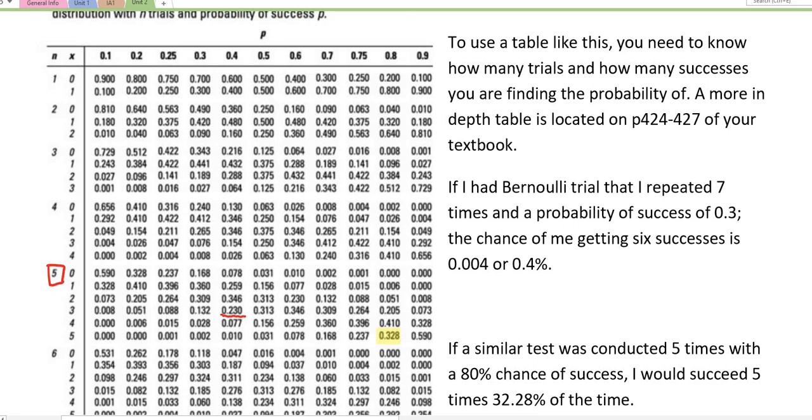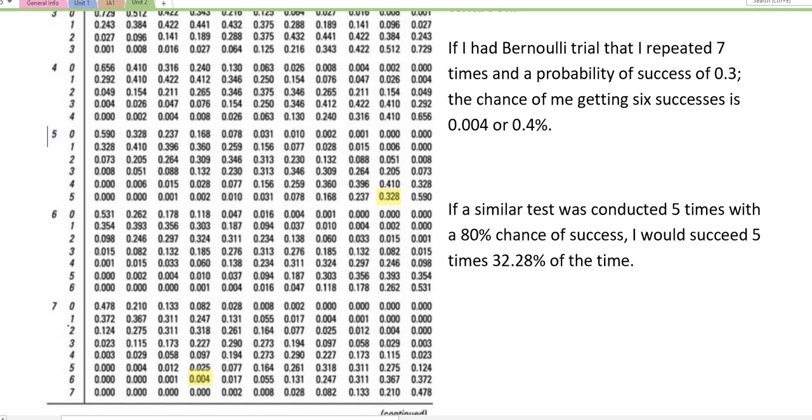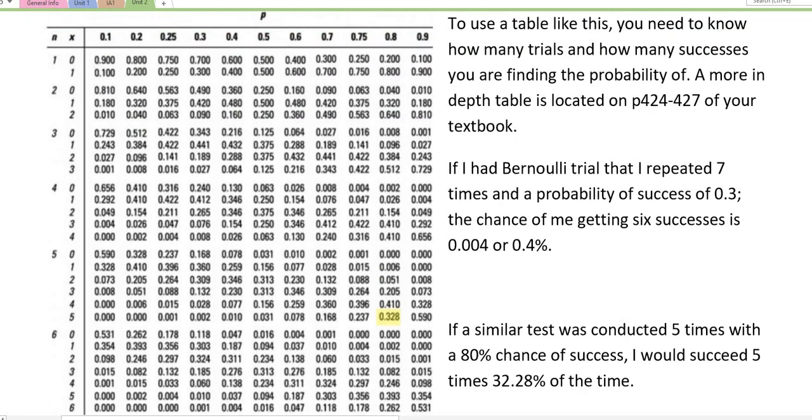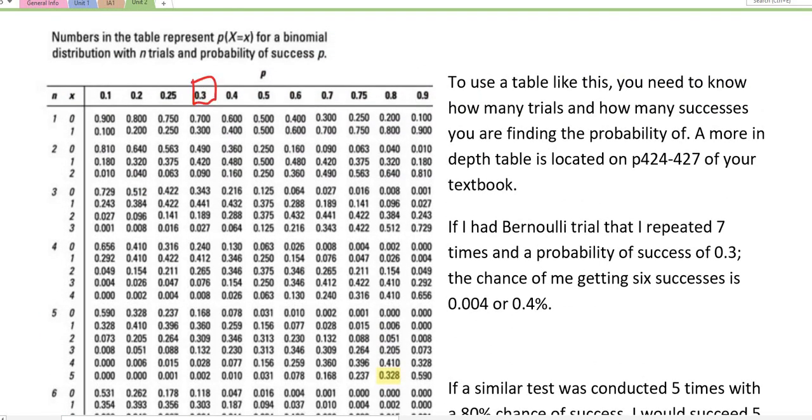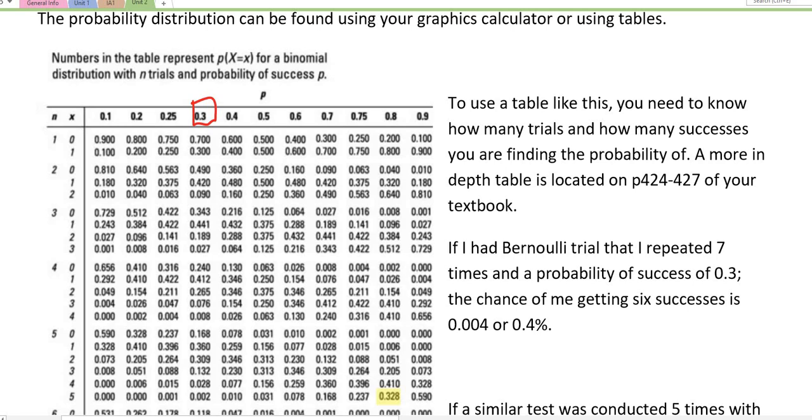Pretty easy. So if I did a Bernoulli trial 7 times, I want 6 successes and a probability of 0.3 of success. It's that highlighted one there, 0.004. So I have a 0.4% chance of getting 6 out of 7 successes if the chance of success is 0.3.